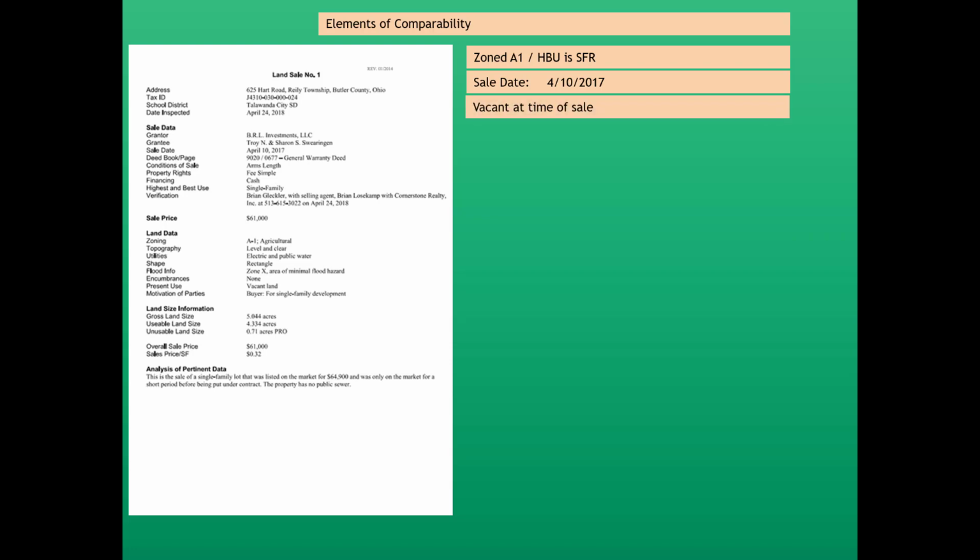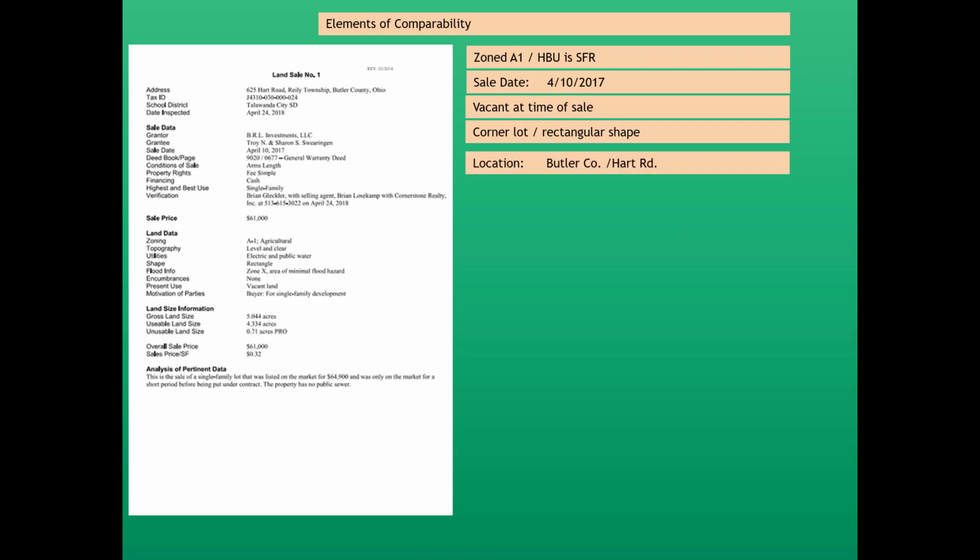We'll call that sale number 1. It's zoned A1. Its highest and best use is single-family residential. That sale occurred April 10th, 2017. At time of sale, it was vacant. It's a corner lot, has a rectangular shape. The location is in Butler County on Hart Road. Utilities include central water, electric, and if it's developed, it will require an on-site septic system.